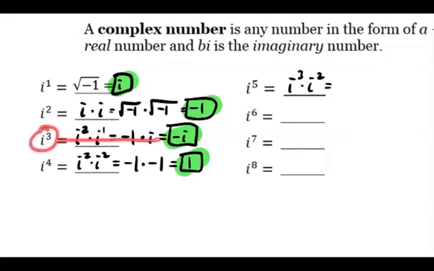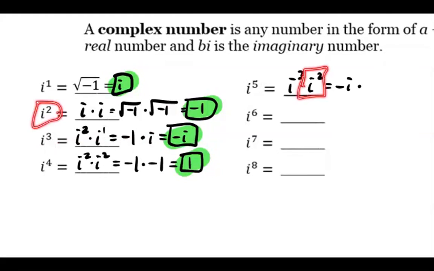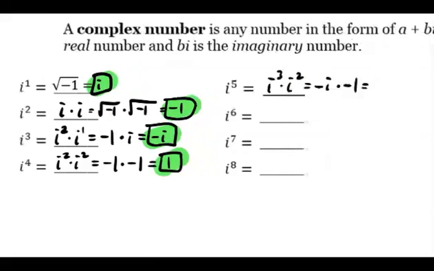That equals negative I. And what does I squared equal to? Negative 1. So a negative times a negative makes a positive I.